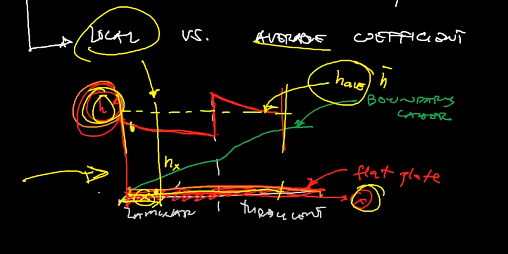If you are looking for the specific value of h at a given point, we term it local. But if you rather want the value of h for this entire length, then you can consider your average h, or the average coefficient. Okay, so that is the main difference between the local and average coefficient.